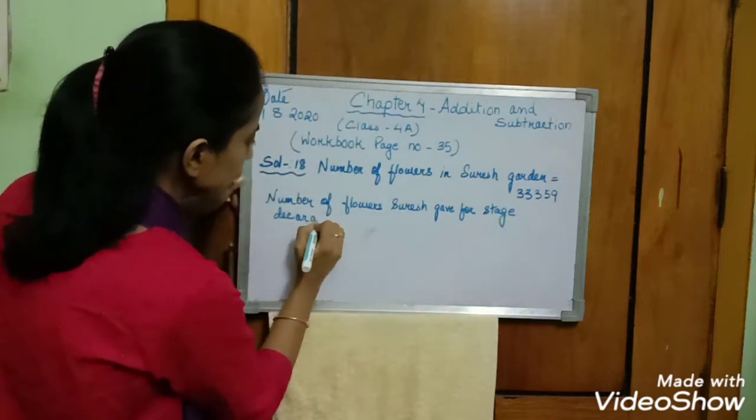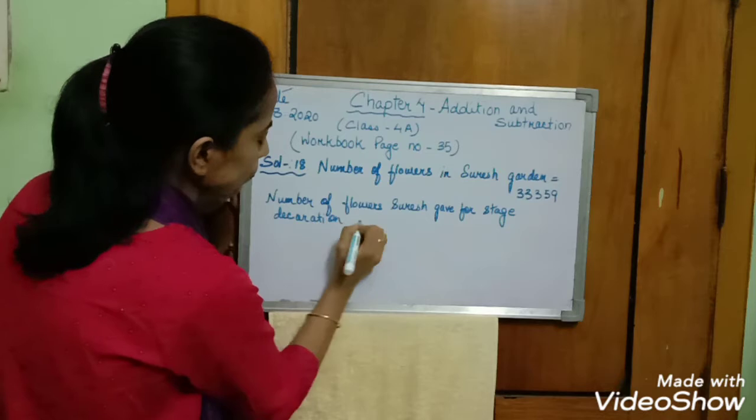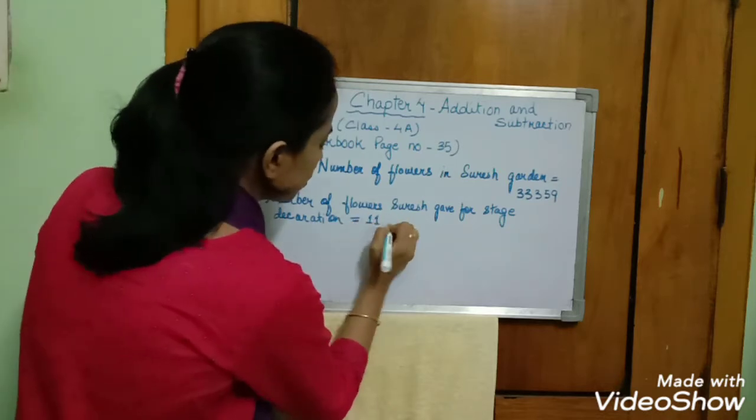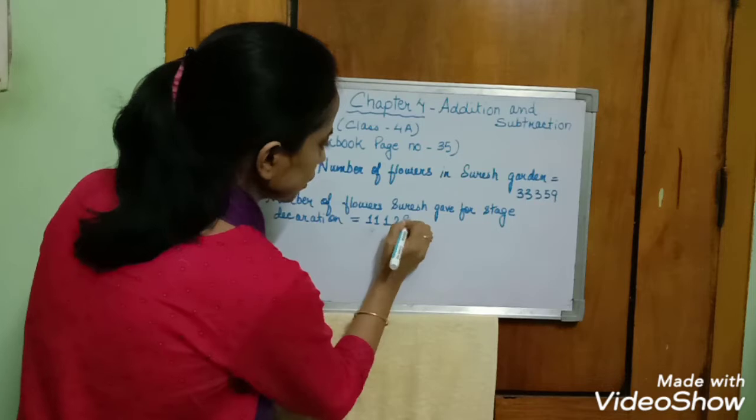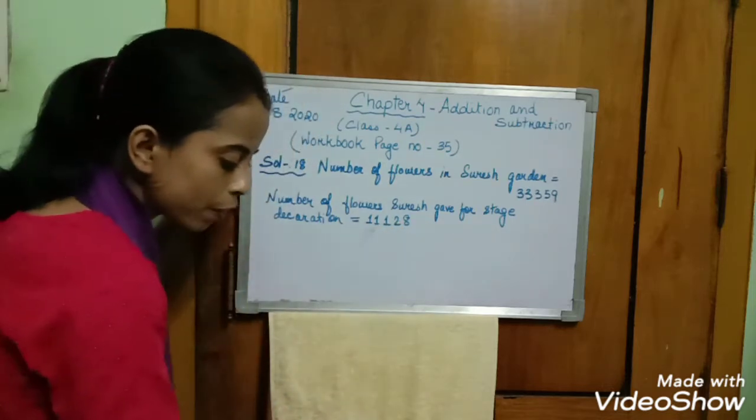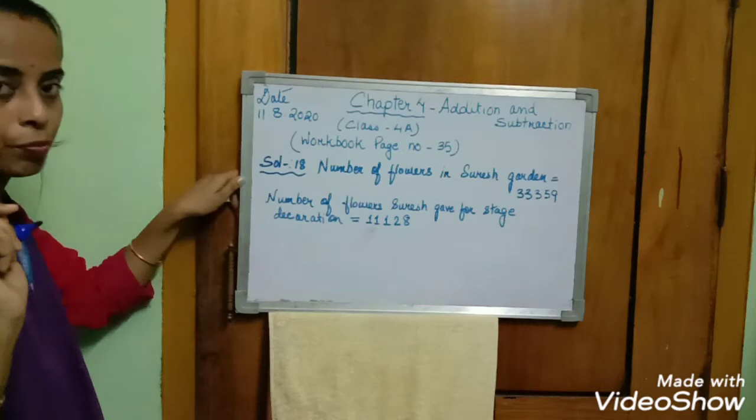How many? It is 11,128 flowers. Now what we have to find out? How many flowers are left in Suresh's garden?